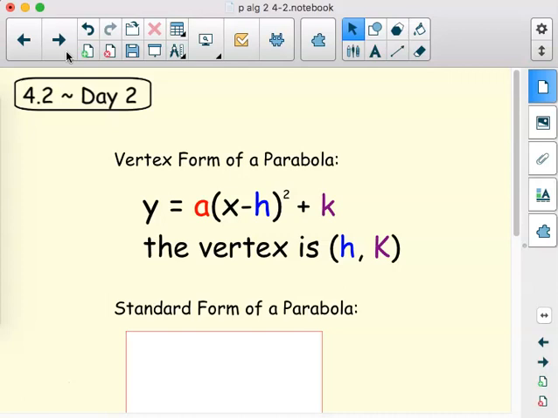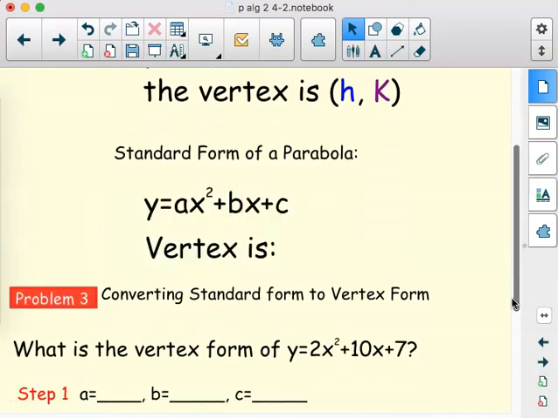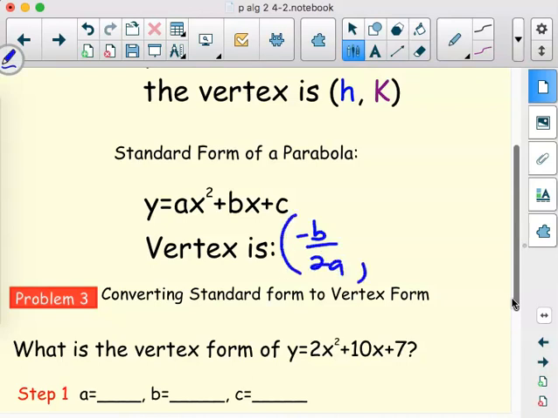And now yesterday we talked about standard form. In all honesty, most quadratics come to us in standard form. y equals ax squared plus bx plus c, that's how they come. And then we have to do a little bit more work. So we have to do negative b over 2a. We find a, we find b, we find c, plug them in, simplify it, and then we have to put that back into the original formula.